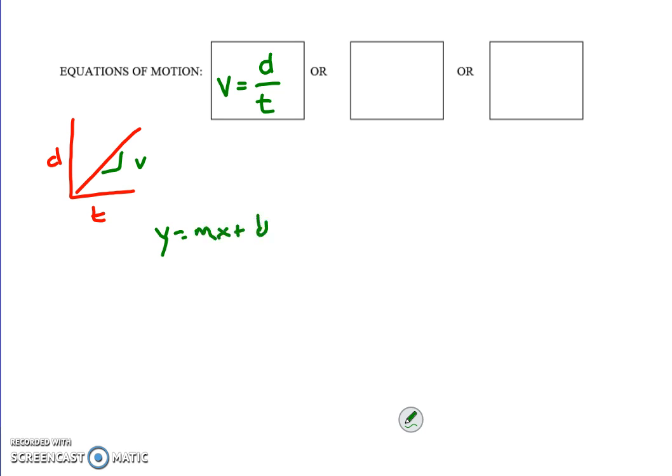What's our y variable on this graph? What's distance? Equals, what's our slope? Well, that's velocity, multiplied by x, which is time. And b is 0 in this particular case, but that would be our initial position. So I'll put d initial, okay? But usually that's going to be 0, so you don't have to write that in there. So notice if I rearrange this equation right here algebraically, d equals v times t.